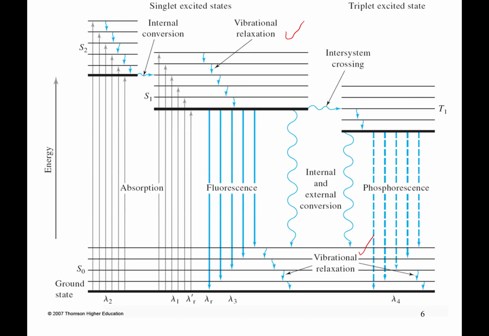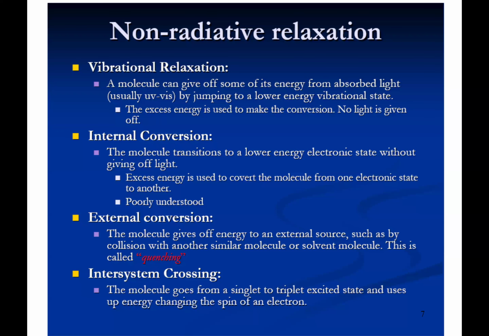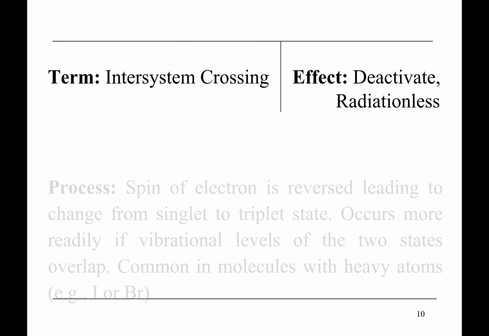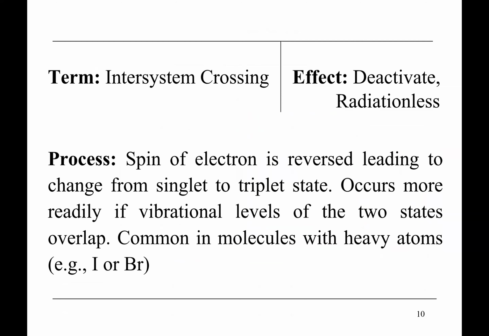So intersystem crossing from a singlet excited state to a triplet excited state, there's that change, the electron changes spin. And that means it's going to take a little bit more energy. And therefore, in intersystem crossing, the spin of the electron is reversed. It leads from a singlet to a triplet state. And it occurs more readily.